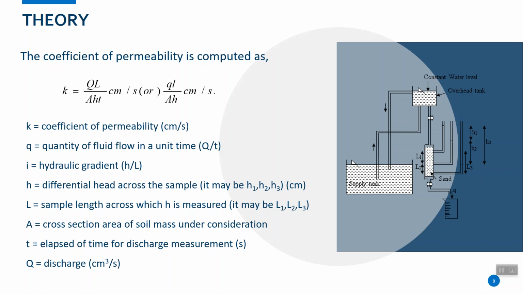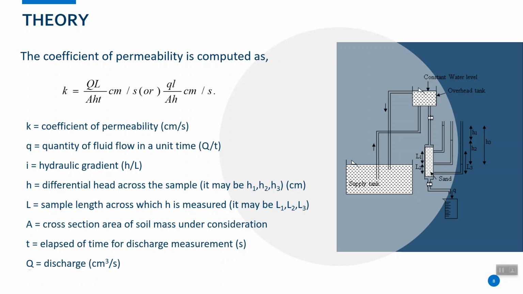These H1, H2, and H3 you can get during the test. L is the sample length, L1, L2, and L3, which you can get easily by measuring the sample mold.